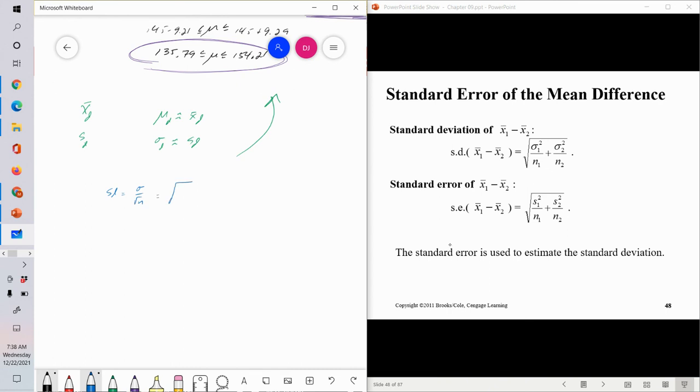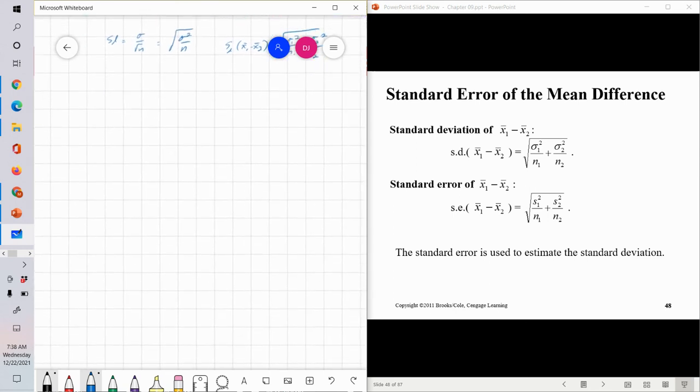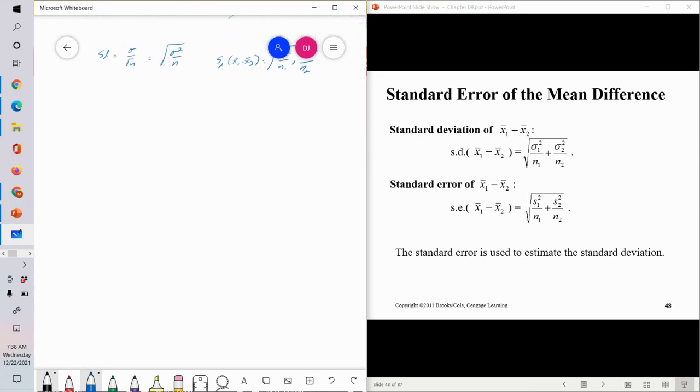That really is the same as the square root of sigma squared over n. It's just been simplified. So the fact that now the standard deviation for the difference is the square root of sigma 1 squared over n1 plus sigma 2 squared over n2 shouldn't seem that dramatic. Okay, so let's do an example.